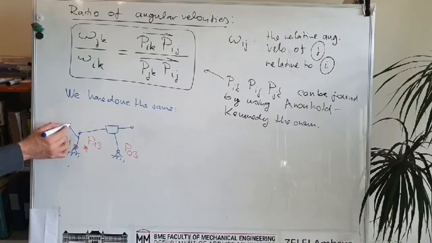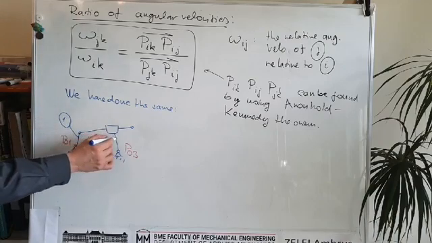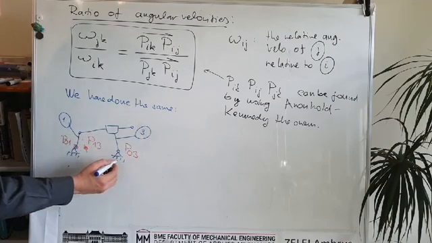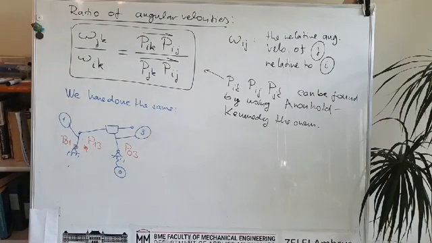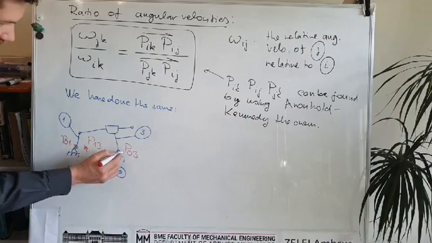So this was number 1, this was number 3, and this is number 0 basically. And this was the corresponding Kennedy line here.